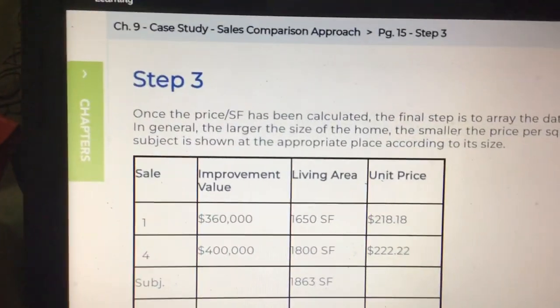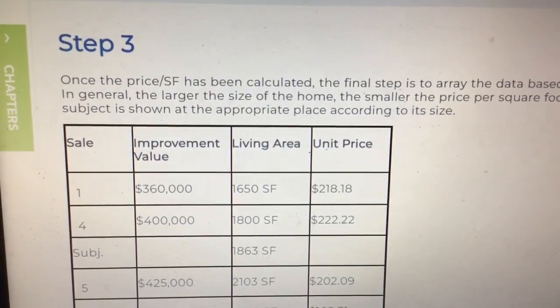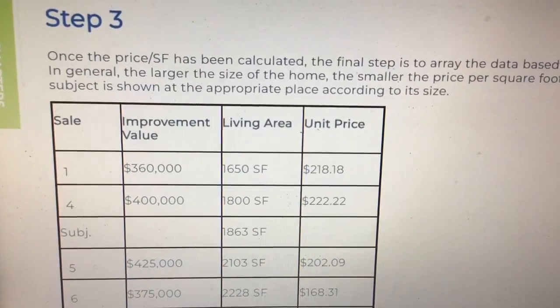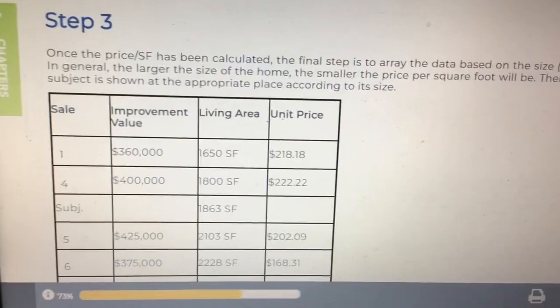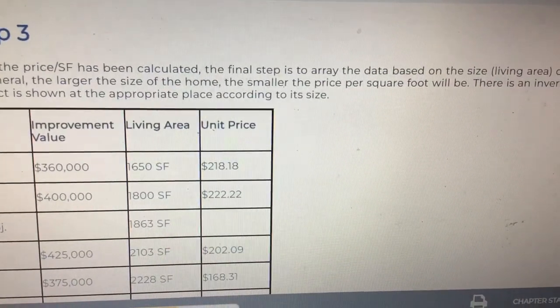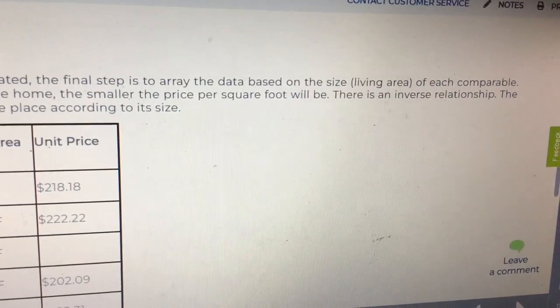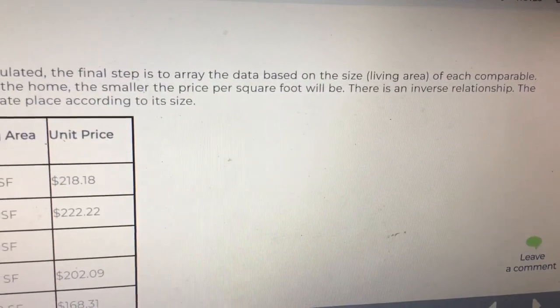Step 3, page 15. Once the price per square foot has been calculated, the final step is to array the data based on the size, which means living area, of each comparable.